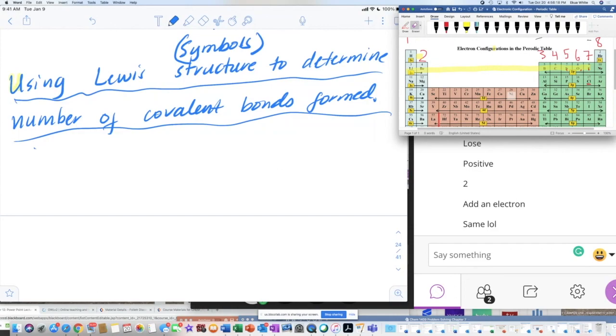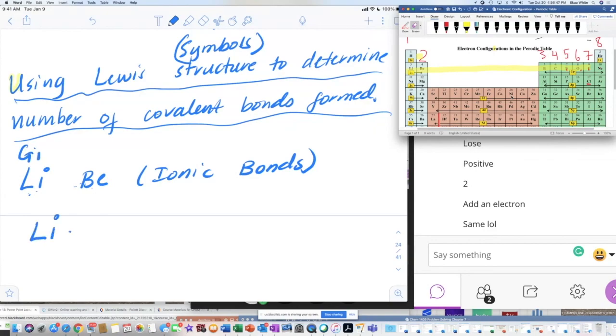Now, I'm going to list the metals: lithium, beryllium, boron. For the most part, these form, well, boron is a nonmetal, these form ionic bonds, but it still works. If you look at lithium, lithium is in group 1, so lithium just has one dot. Guess what?